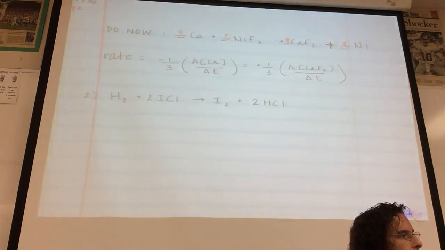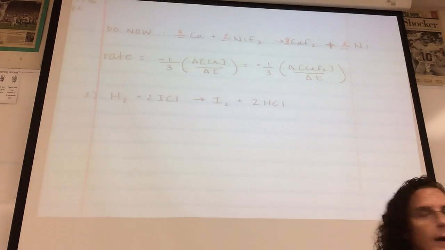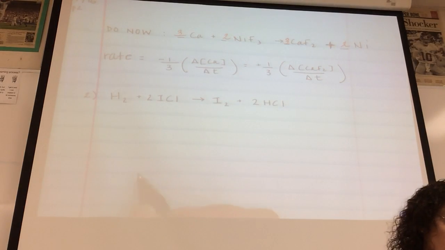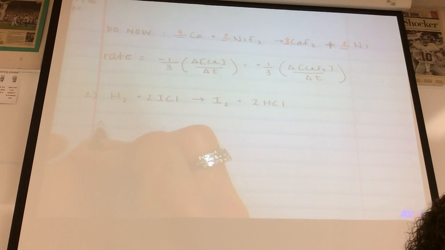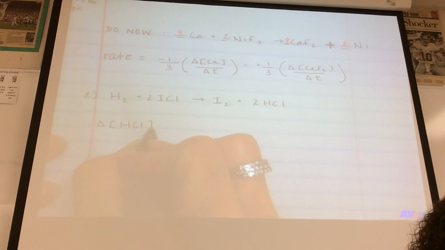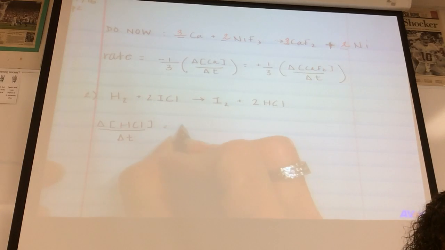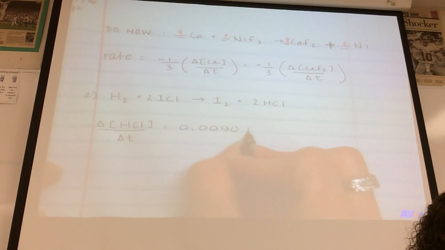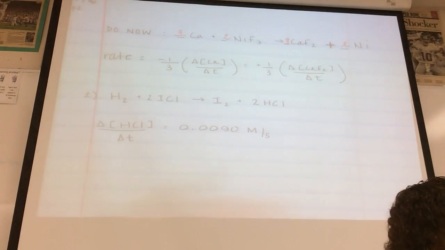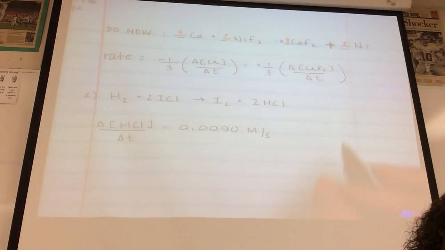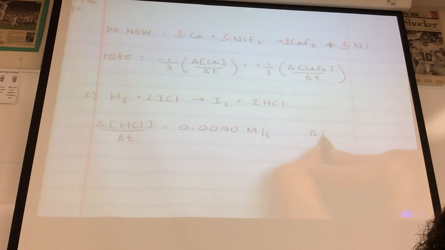Okay, so there's the balanced equation. It says the rate at which HCl forms, so the change in concentration of hydrogen chloride gas is 0.0090 molar per second, lowercase s for second, and we want to know the rate of change for iodine.